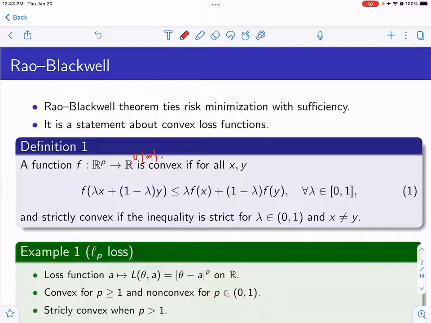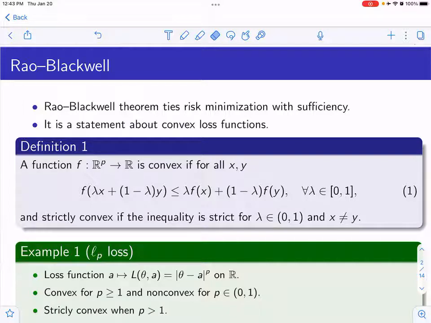These inequalities make sense. This could be infinite, this could be finite, or both sides could be infinite. If there's no negative infinity, then you don't run into issues of infinity minus infinity, which might be problematic to define. If you just let positive infinity, you're fine. So in convex analysis, usually functions are extended value.